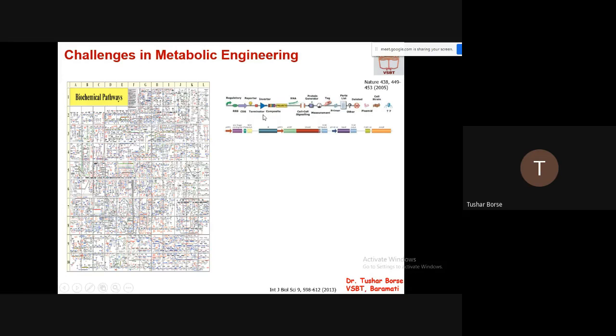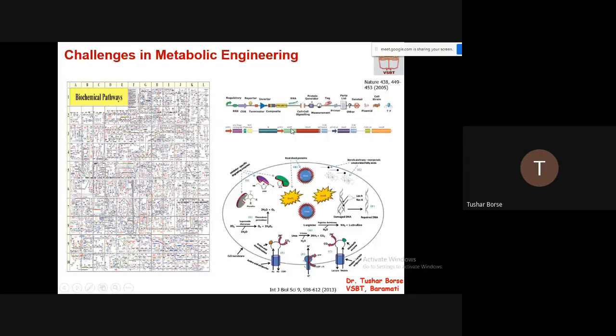The same thing which I told you: it could be the promoter, operator, etc. Now we are not going into the whole details of it. Just note here where the complexity lies. So the first complexity we saw was that they are interrelated or connected to each other. Now the complexity could also be at the genetic level, right?